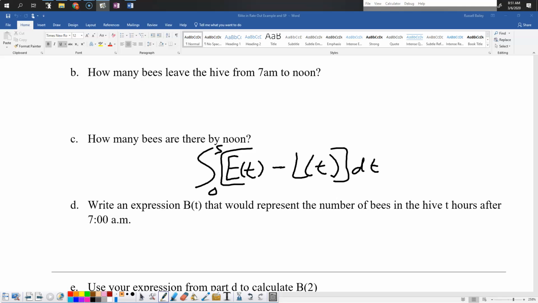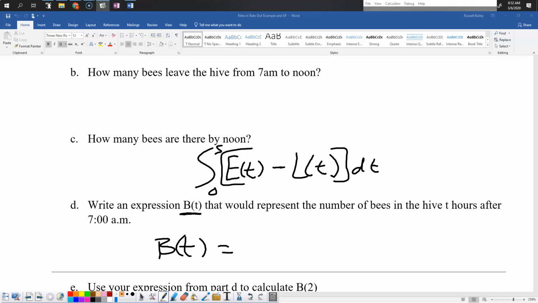Part D. Write an expression that would represent the number of bees in the hive T hours after 7 a.m. This is a very common question on the FRQs, I've noticed. They want you just to write a function. We already know how to do it. So the number of bees that are in the hive at any given time is what?